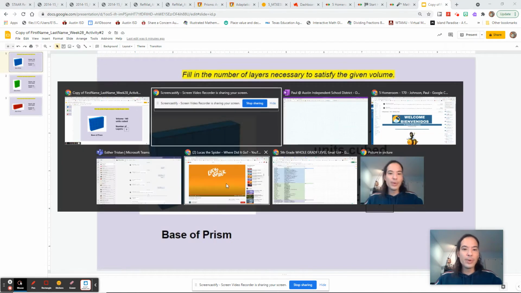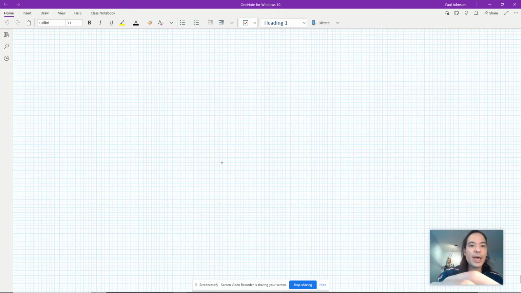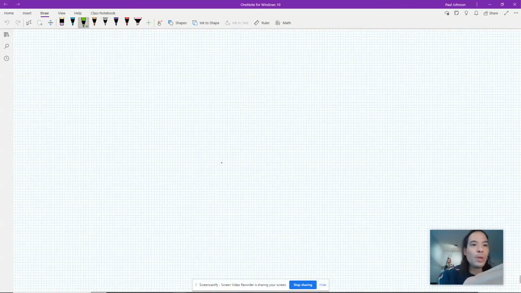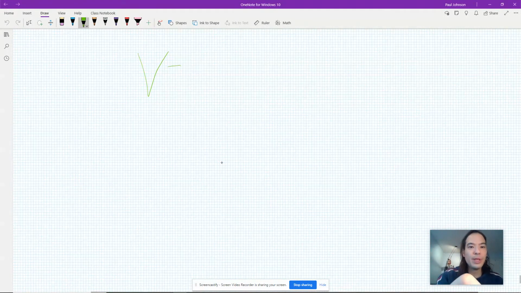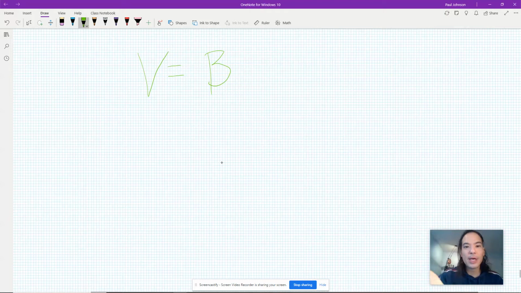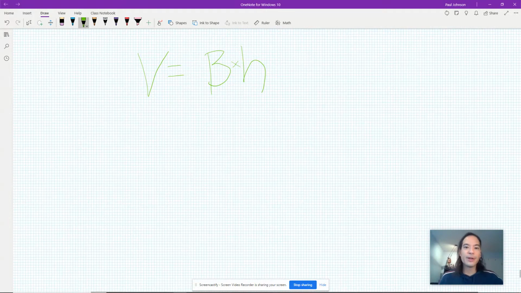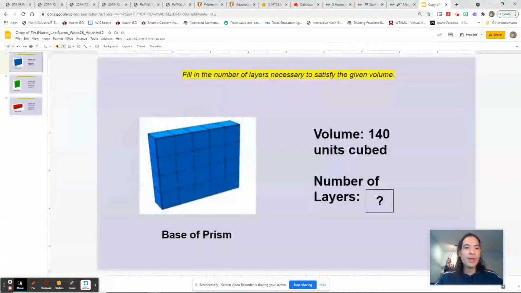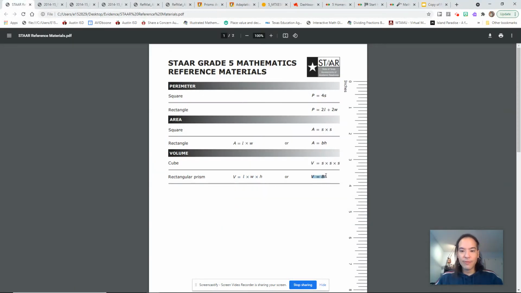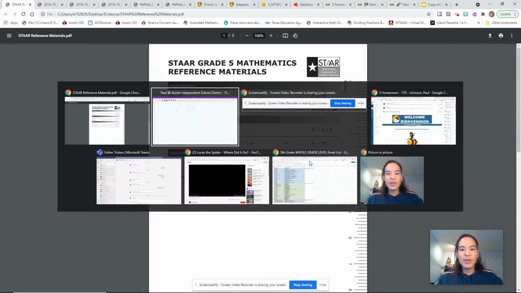This is where we're going to use OneNote, and we're going to look at our formula, which was volume equals base times height. Remember, it doesn't have a multiplication symbol, but you can draw it in there if you really need to. This formula, volume equals base times height. We are being given the base.